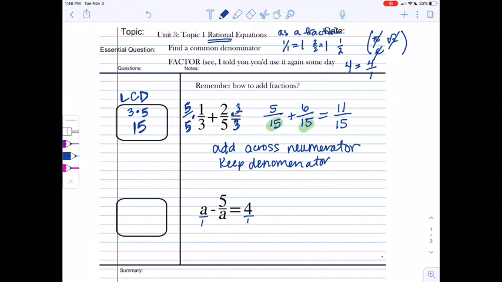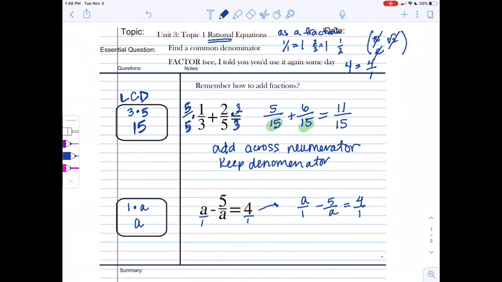So really, if I wanted to rewrite this all on one line, I'd have a over 1 minus 5 over a equals 4 over 1. And then I need to determine the least common denominator. In any situation where you have a denominator of 1 and something, for example 1 and a, my least common denominator is a.